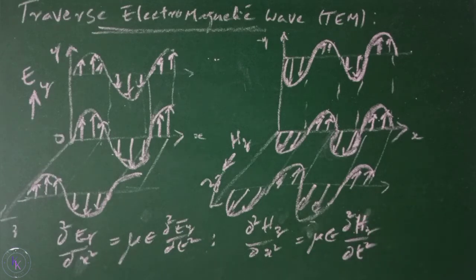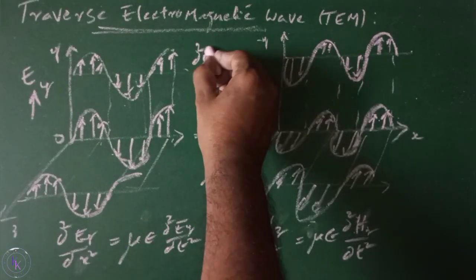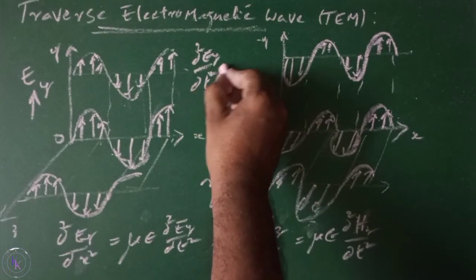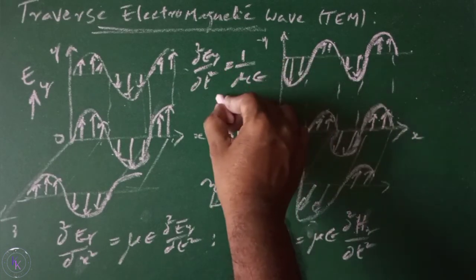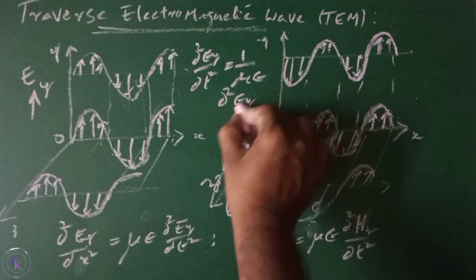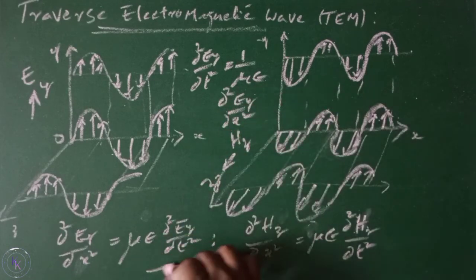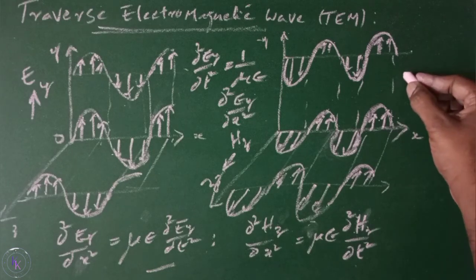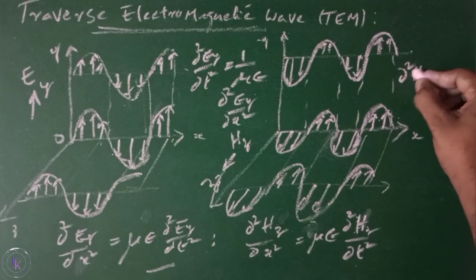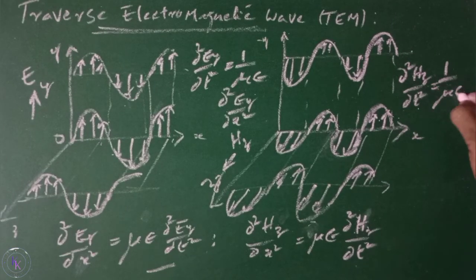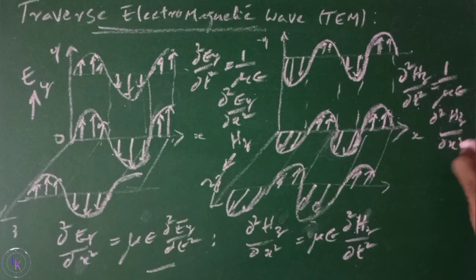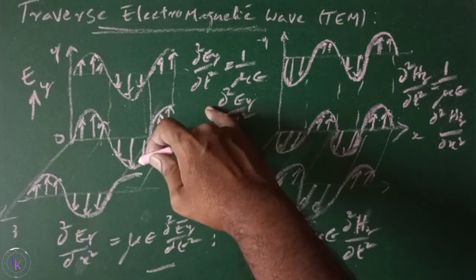Now, when you modify these equations, ∂²Ey/∂t² equals 1 by mu epsilon ∂²Ey/∂x² for this, and for this ∂²Hz/∂t² equals 1 by mu epsilon ∂²Hz/∂x², when you consider the scalar magnitudes of Ey as well as Hz.